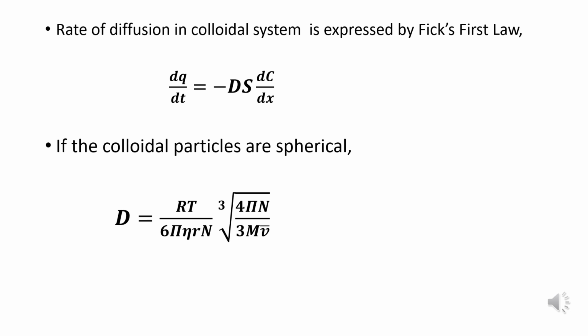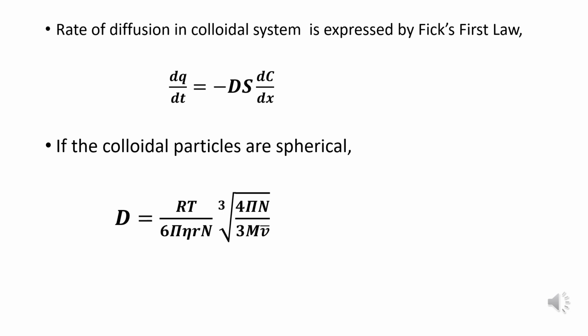And the first fraction, that is the RT by 6 pi eta r N, resembles the Stokes-Einstein relation, which shows that the diffusion is faster at a higher temperature and slower in more viscous medium or for larger particles. And the second term, that is the cube root term, represents the number density of particles in the colloidal system.